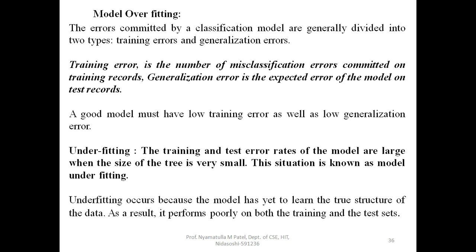Then what is a generalization error? Generalization error is the expected error of a model on the test records. Whenever you train on the training records and then give an unknown test image as input to the classification model, if the model is unable to classify the test image, that is called a generalization error.